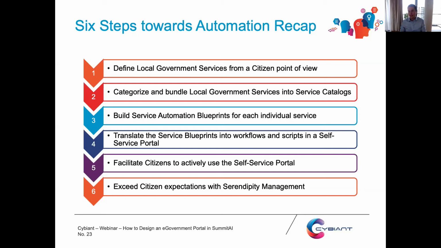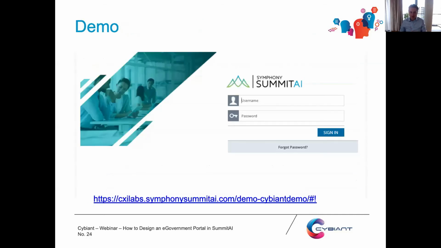The last 2 steps have to do with user experience. So we need to make sure that people actually use the self-service portal, and also that we exceed the user expectations on a day-to-day basis. Those are the 6 steps that we use in the service automation framework in order to automate government services.